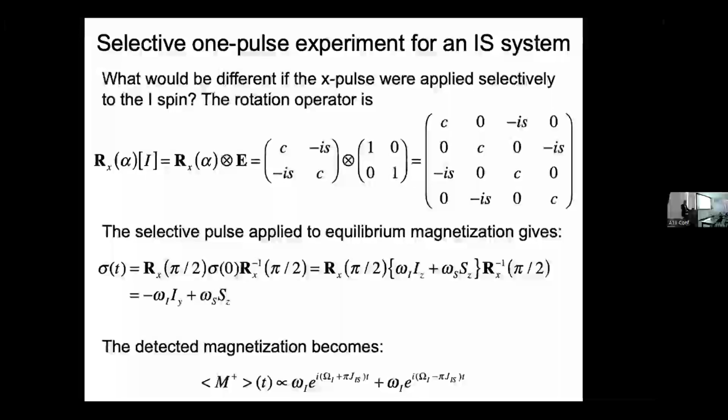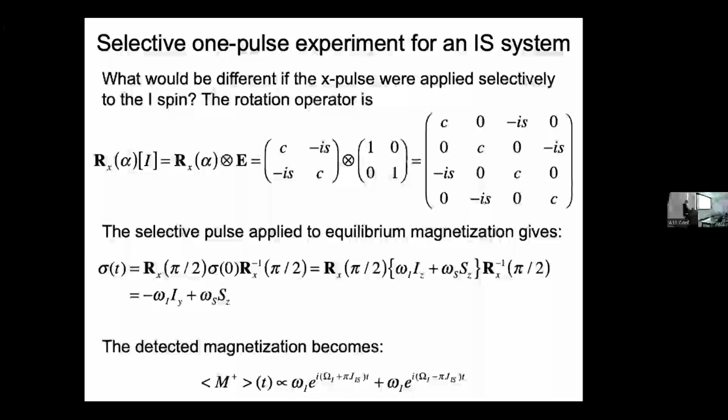Now, it could be that our pulse was selective. What we just did was a non-selective pulse, so in that case, it rotates both hydrogens. So the Z magnetization for the I spin and the Z magnetization for the S spin were both rotated into the transverse plane.